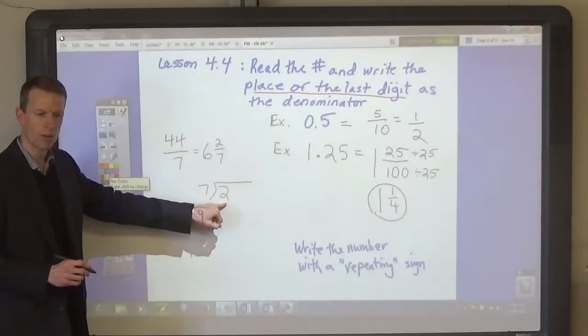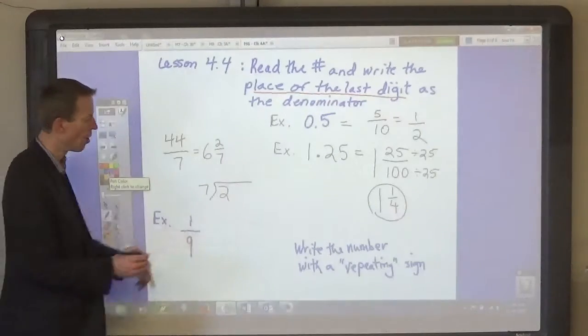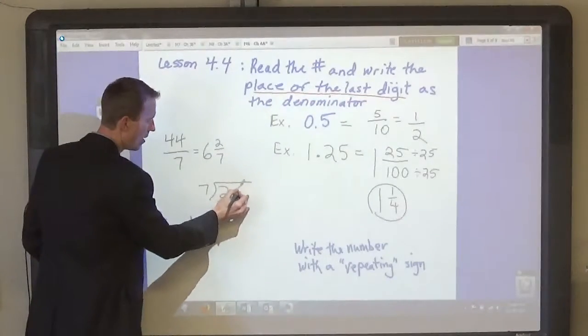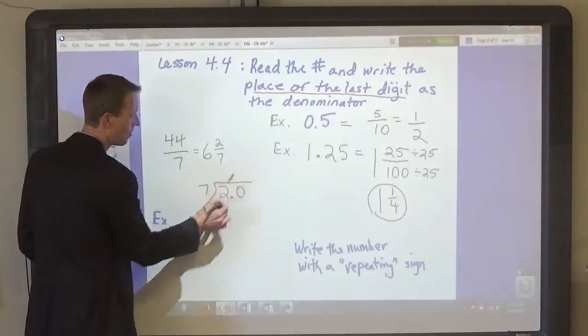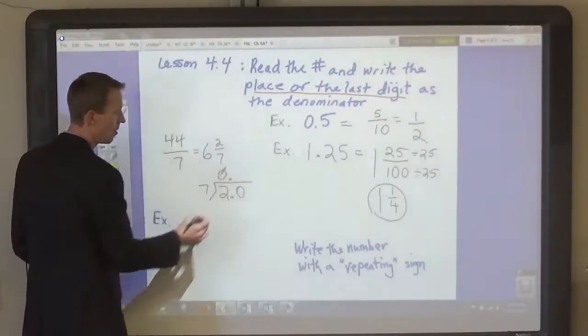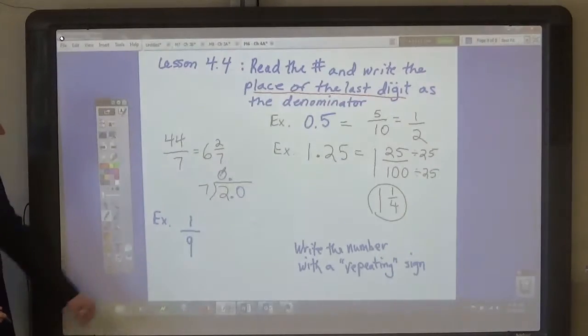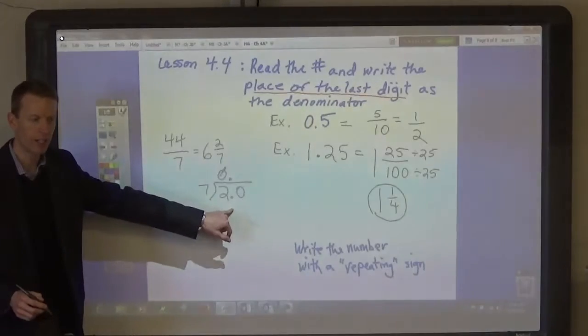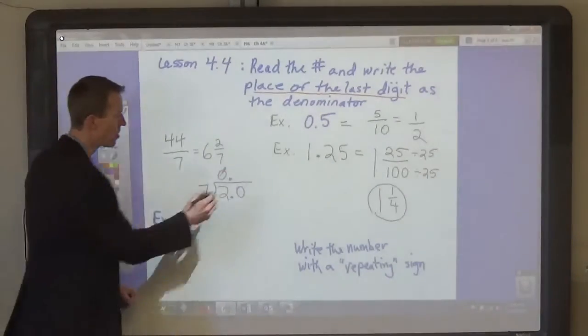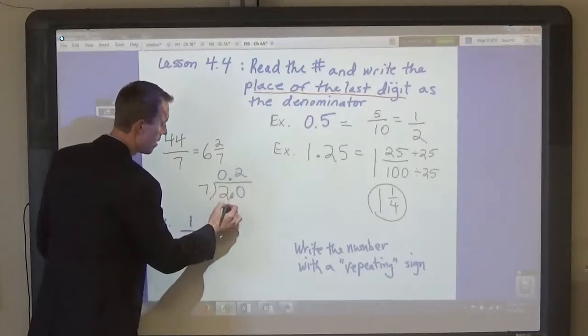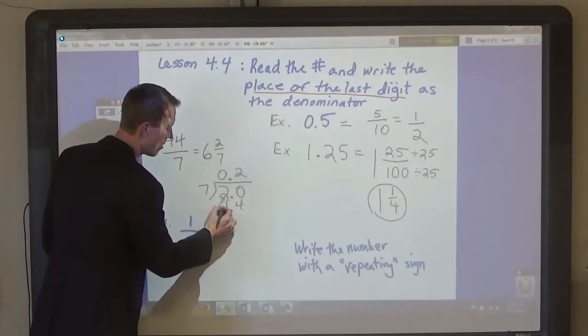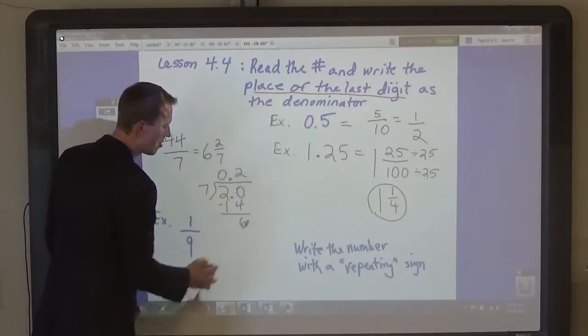7 doesn't go into the whole number 2, so what we have to do is put a decimal point and add a 0. And then divide. 7 into 20 goes how many times? 2 times. 2 times 7 is 14. Remainder 6.